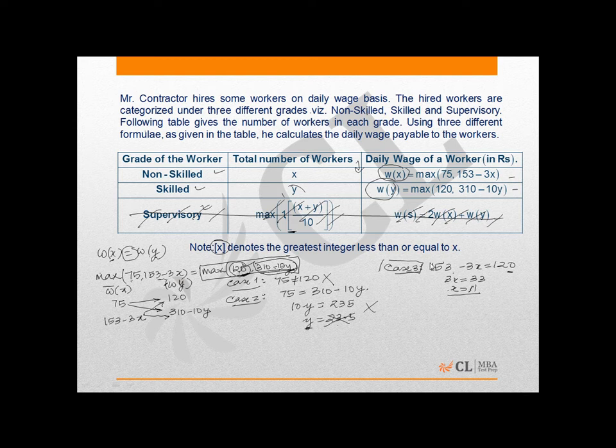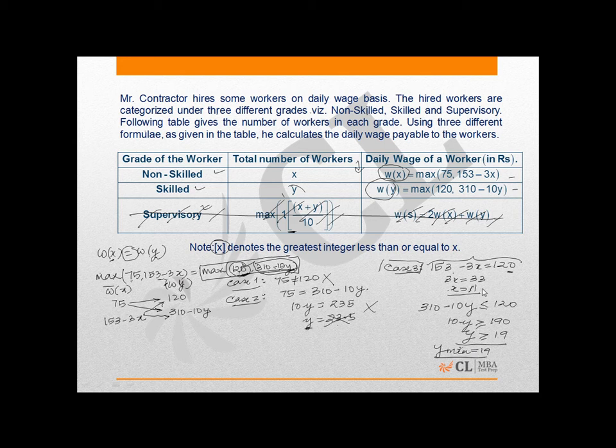So 310 minus 10y should be less than or equal to 120, because max of 120 and 120 will be 120 only. So we will have 10y greater than or equal to 190, or y is greater than or equal to 19. So the minimum value of y is 19.